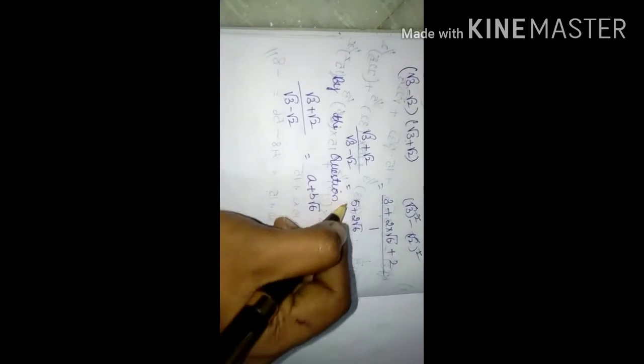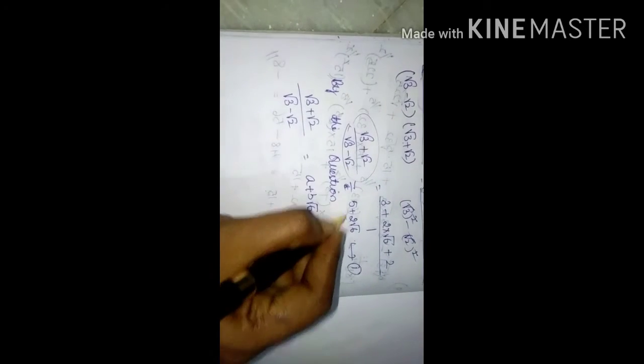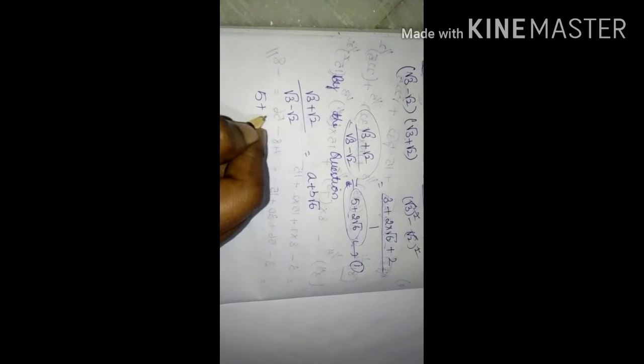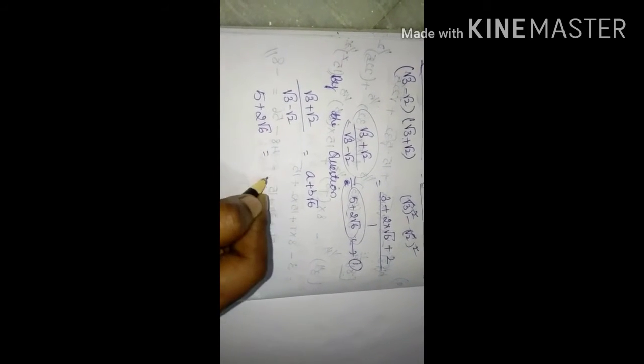Here, root 3 plus root 2 divided by root 3 minus root 2 equals this much you will get. Okay, clear? Now the value here is this much. Okay, 5 plus 2 root 6 equal to a plus b root 6.